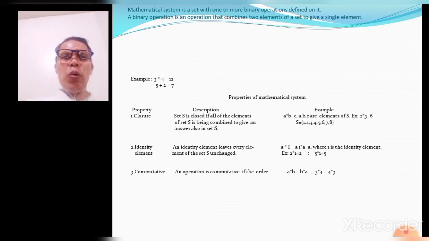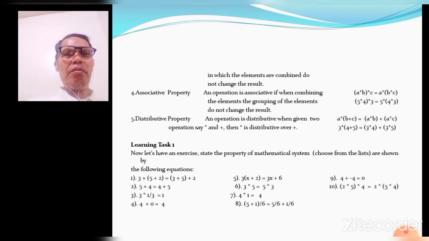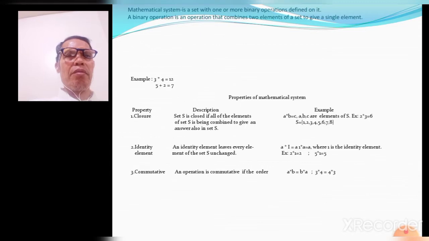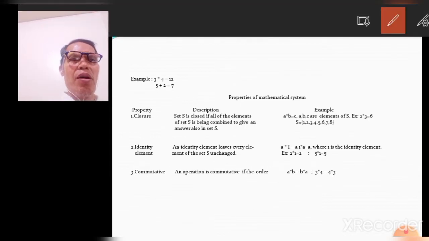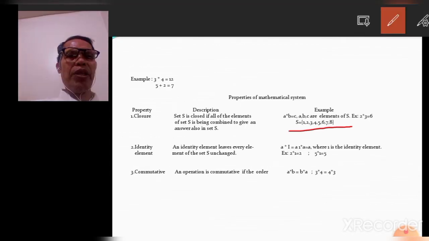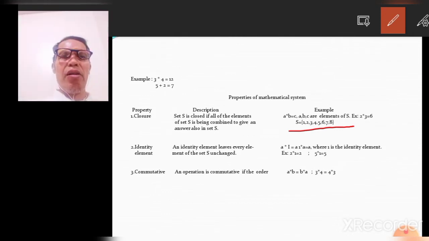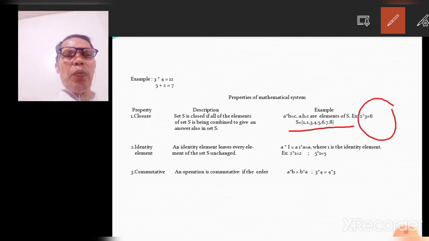For example, if you have the set of numbers from 1 to 8, the elements are 1, 2, 3, 4, 5, 6, 7, and 8. Now, if you are going to multiply 2 times 3 or 3 times 2, the product is 6, and 6 is one of the elements of the set.